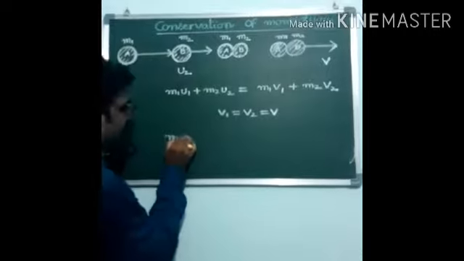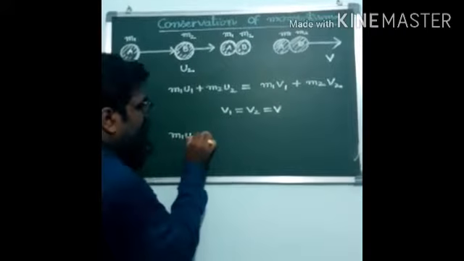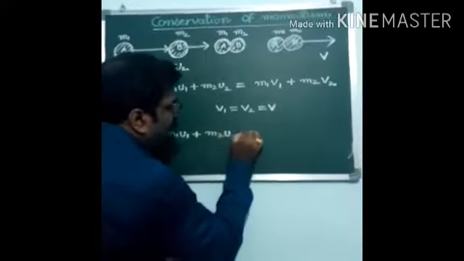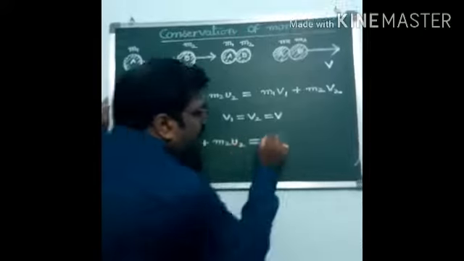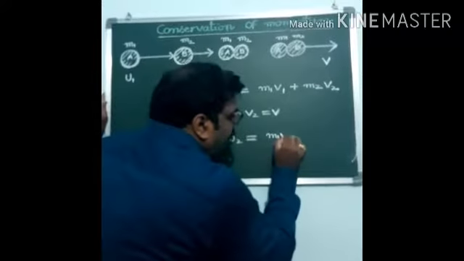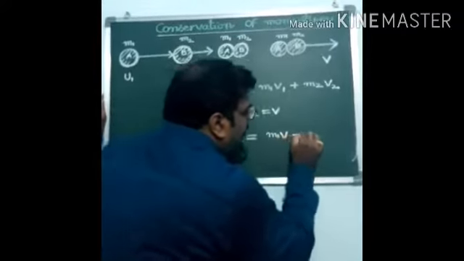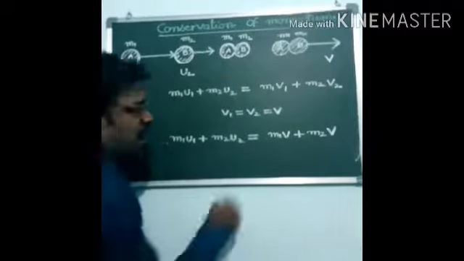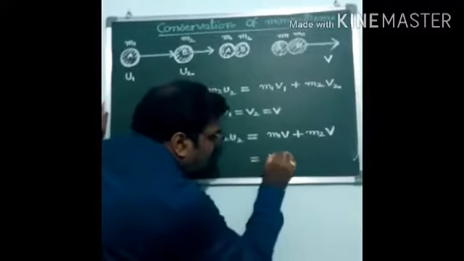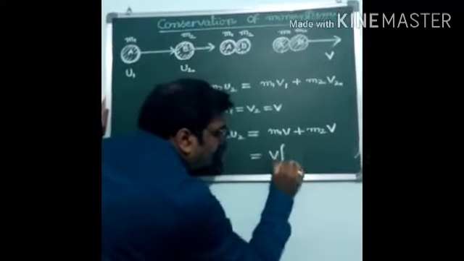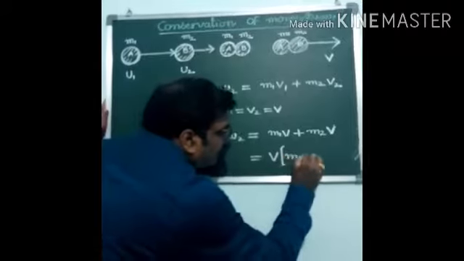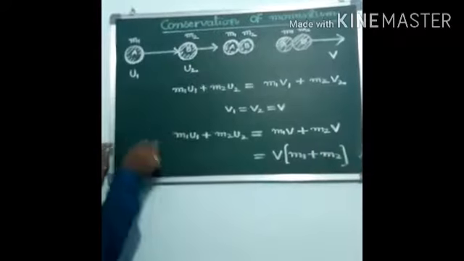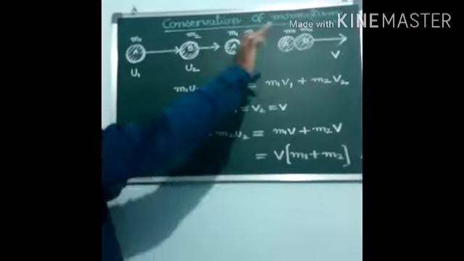Now m1 u1 plus m2 u2 equal to m1 v, with v1 equal to v, and m2 v, with v2 equal to v. So take common v. That is (m1 plus m2). So this is the condition: after collision, both are moving together.